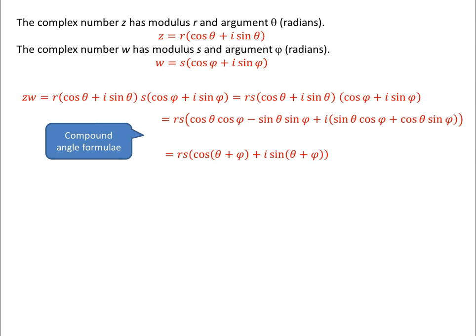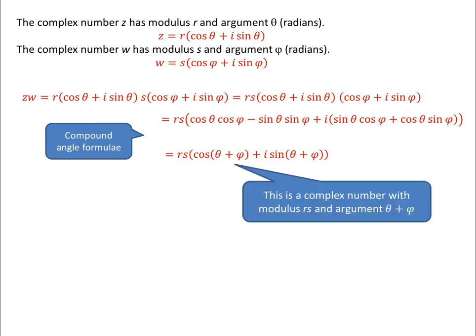Now we know that if we have a complex number with modulus r and argument theta, then the complex number is r times cos theta plus i sin theta. What we have here is exactly that format, but instead of the modulus just being r, the modulus now is rs, and instead of the argument just being theta, the argument is now theta plus phi.